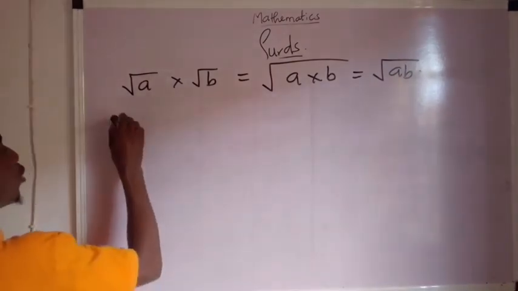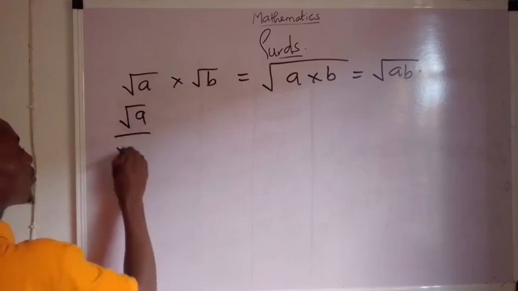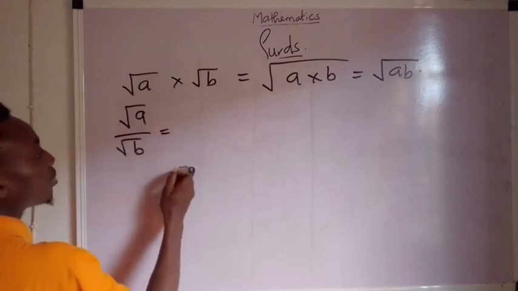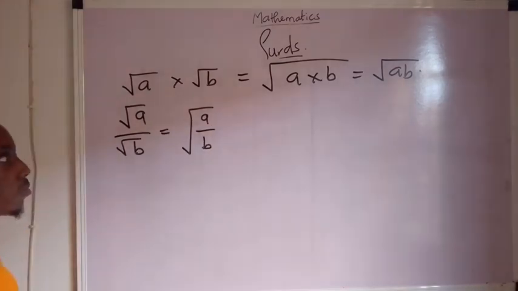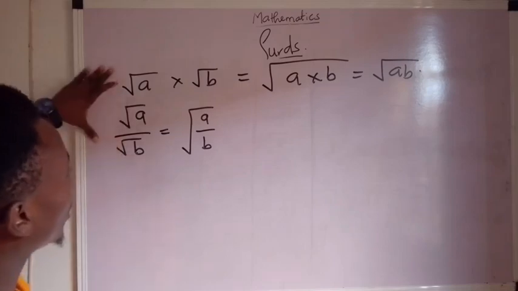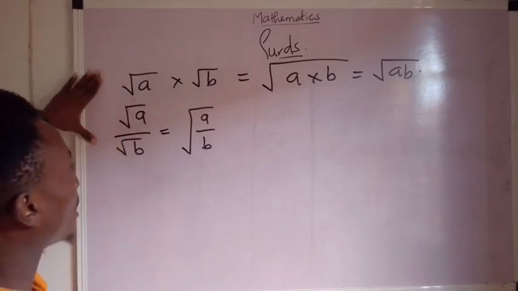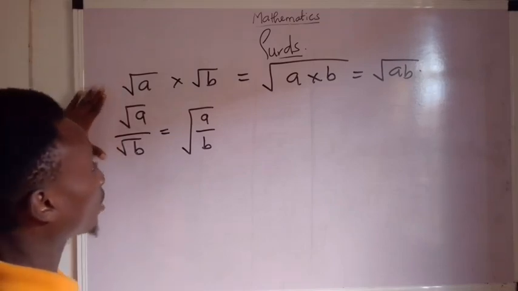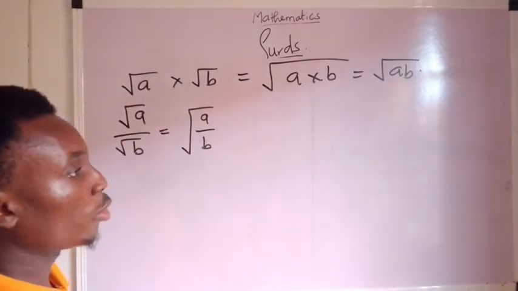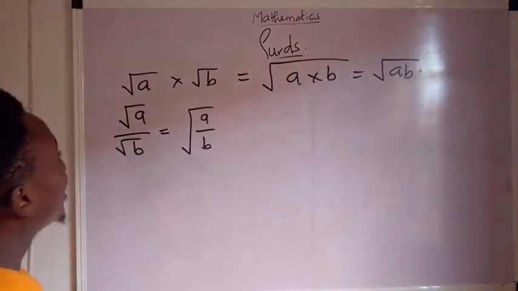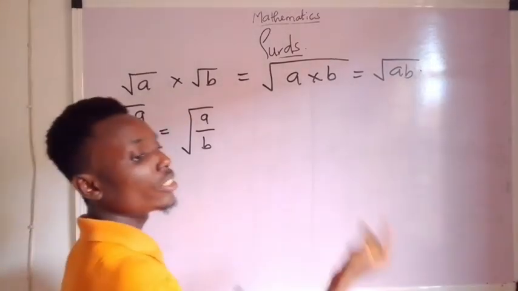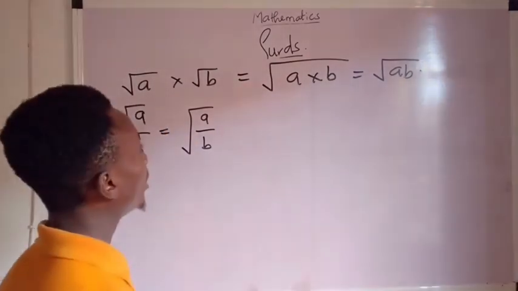Now, in the same way, if you have, it's the same thing as saying what? Take note of this. This is very, very important. And I would love to inform you also that these laws can be used in reverse.